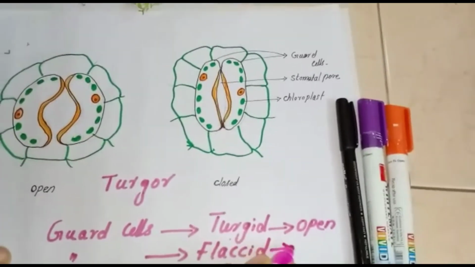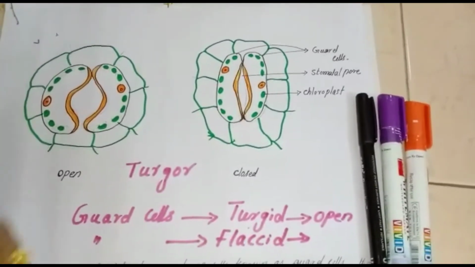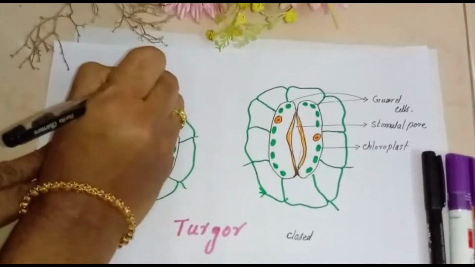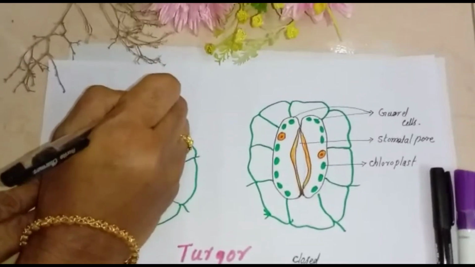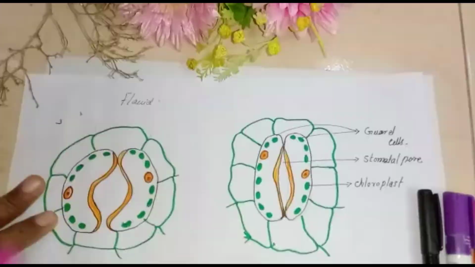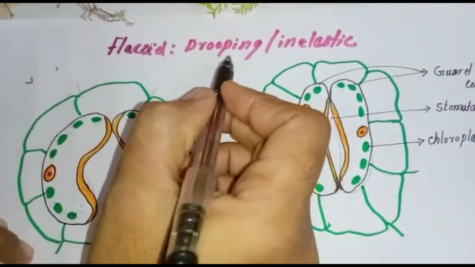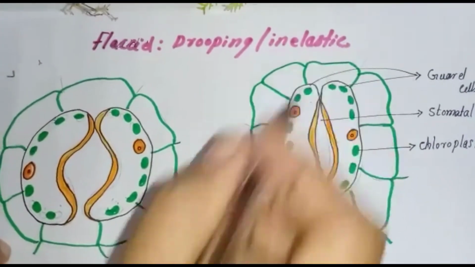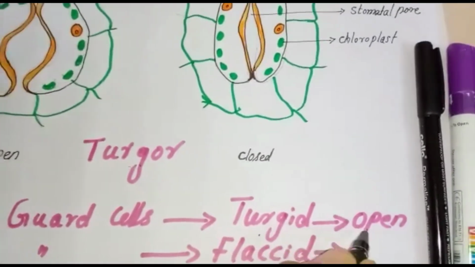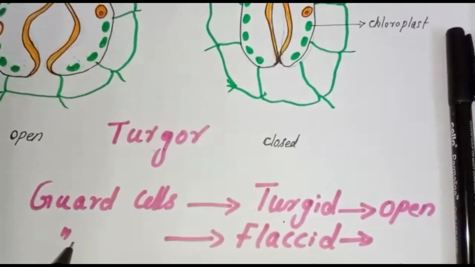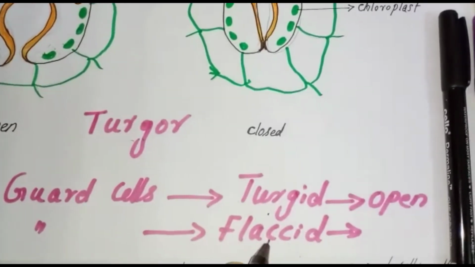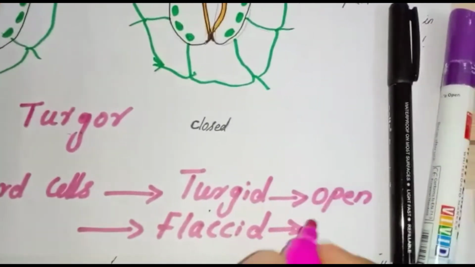Flaccid means drooping or inelastic. So when the guard cells become turgid, the stomata open. And when the guard cells become flaccid, that means there is no water in the guard cells, the stomata become closed.